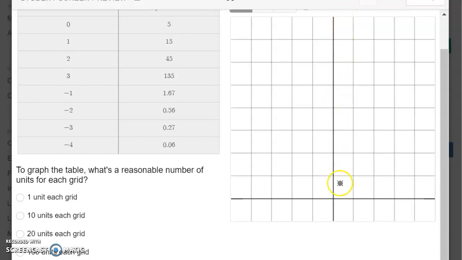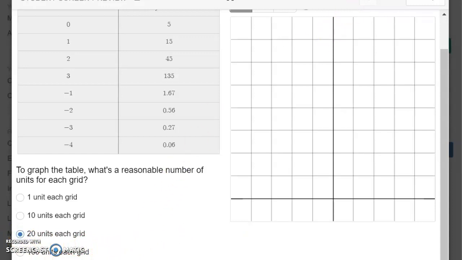What if it was 20? That would be 20, 40, 60, 80, 100, 120, 140, and 160. That would cover it. What if it was 100, 200, 300? That would be way too big. So my choice will be 20 units for each grid line.